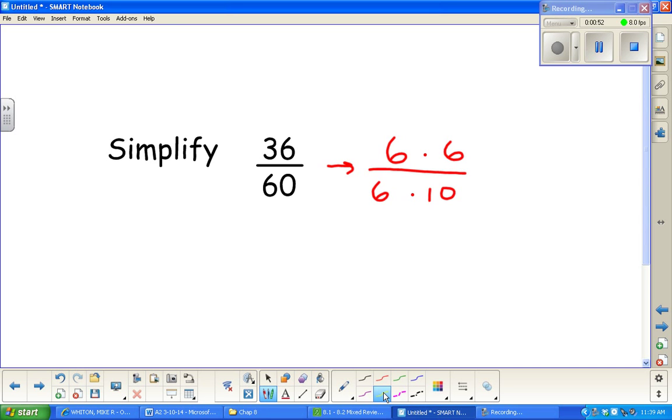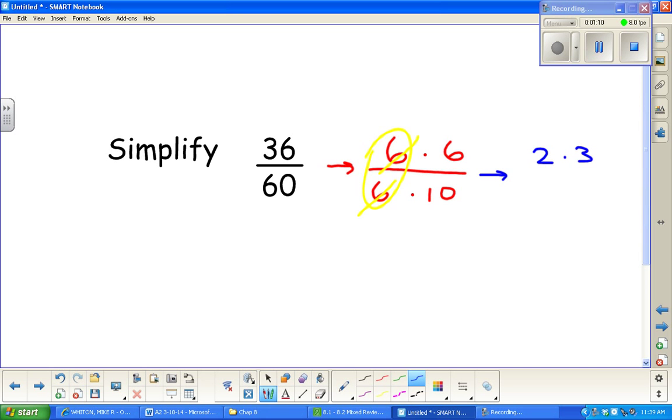So this might not get done in one step, but at least we can see so far that 6 over 6 really equals 1. They kind of cancel each other out, something divided by itself. So those are gone.